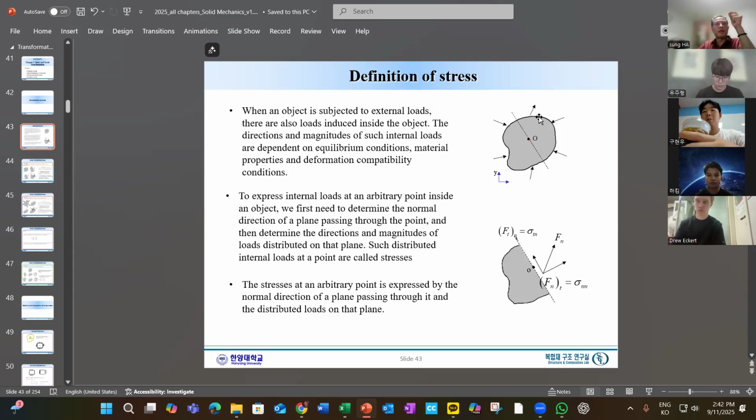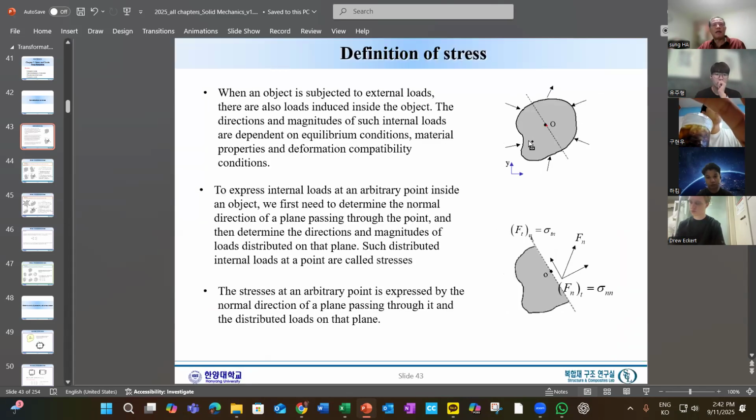But anyhow, let's imagine that we have a body with a load applied to the outside in general. Now the point is, what will happen inside? Any point actually, but let's pick one arbitrary point, and we call it O.